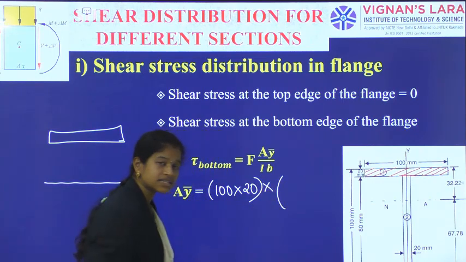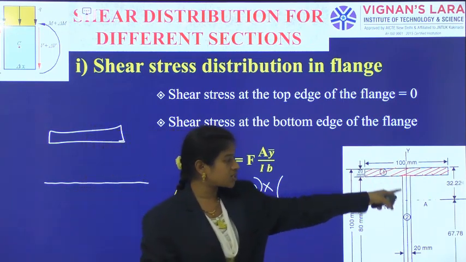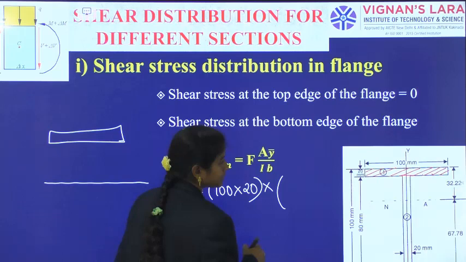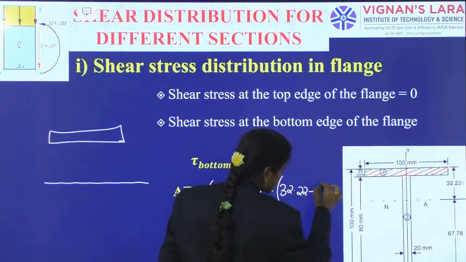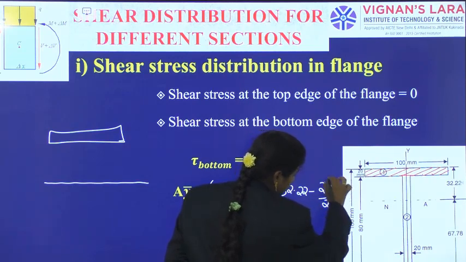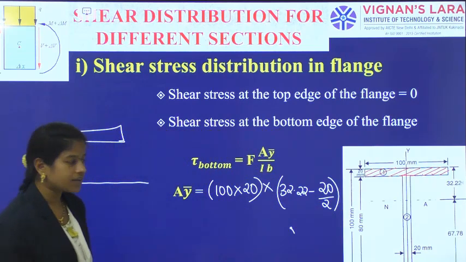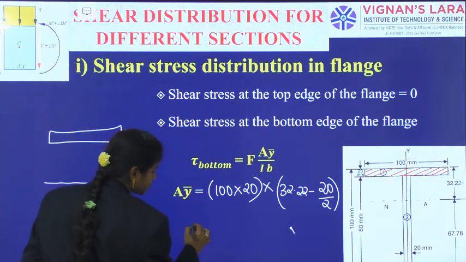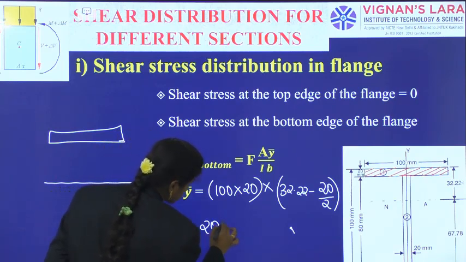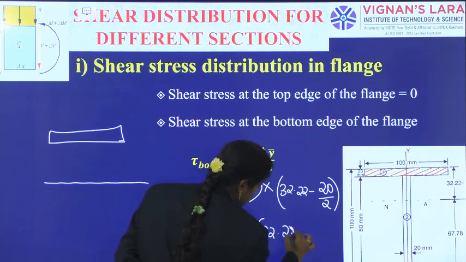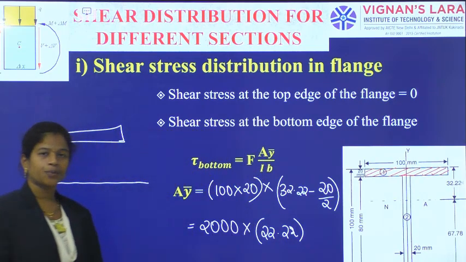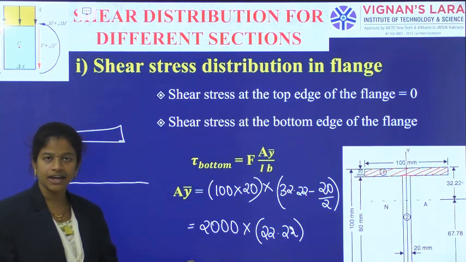And y bar means distance of centroid of this portion from the neutral axis level. That is 32.22 minus 20 divided by 2. So that is A into y bar for us. 2000 into 22.22. Okay, so in this way we have calculated A into y bar.